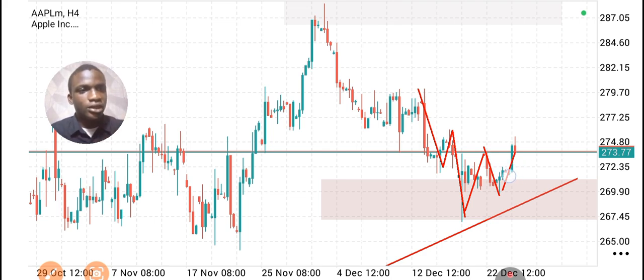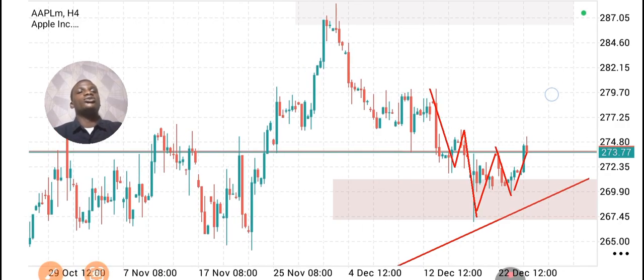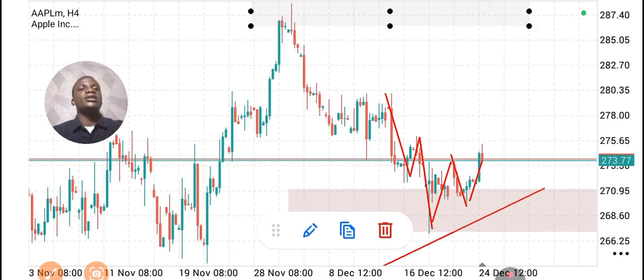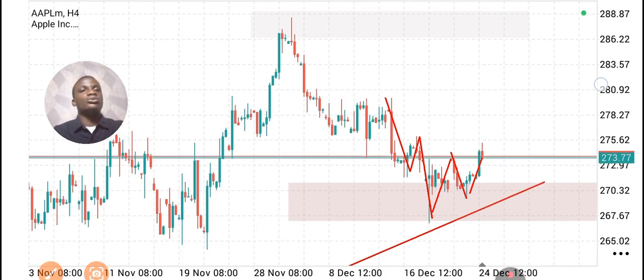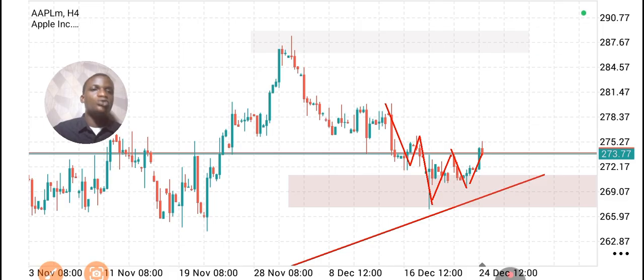But it's not too late now. You can stay open. So we are targeting the previous resistance zone, and if Apple can do more, we test there and go up.